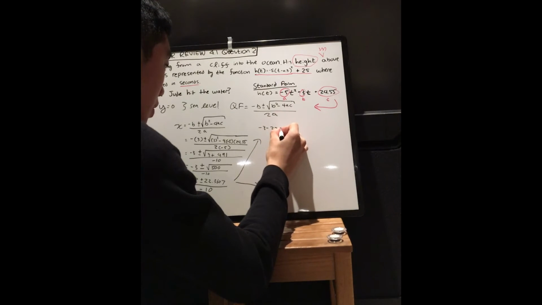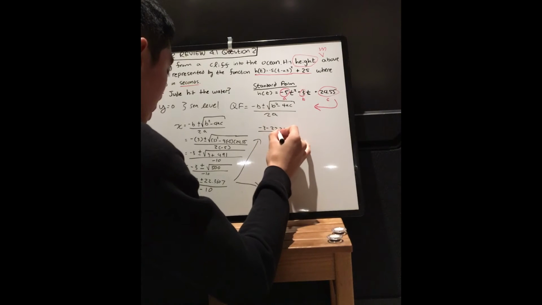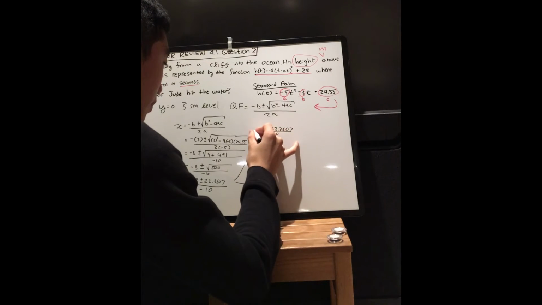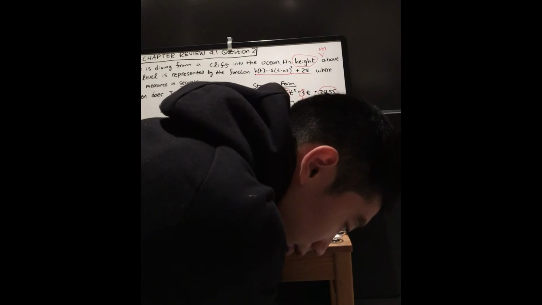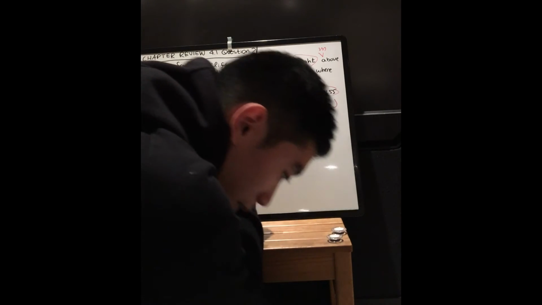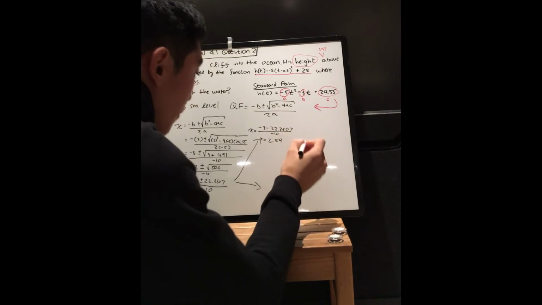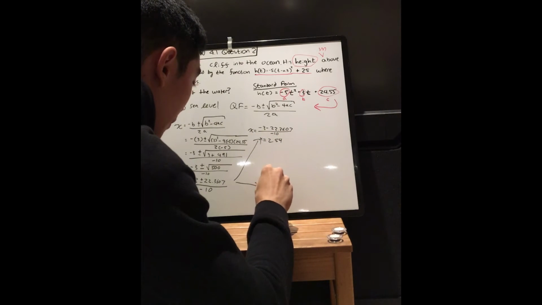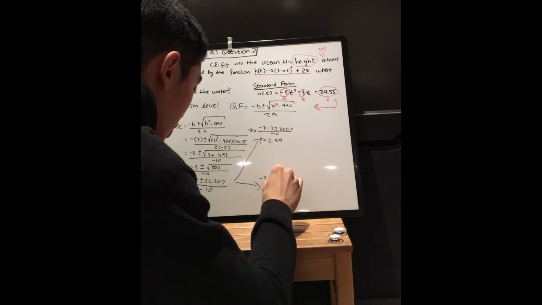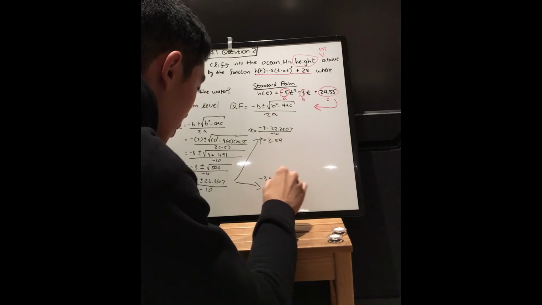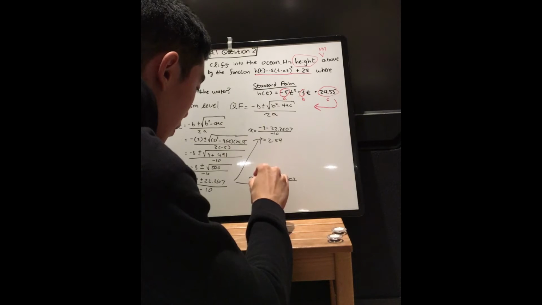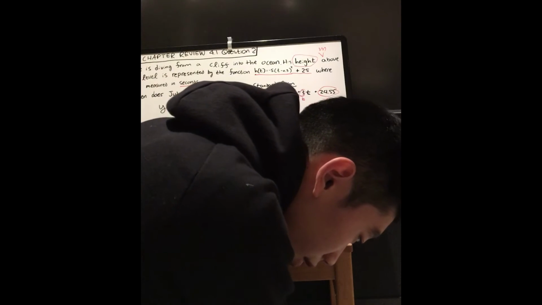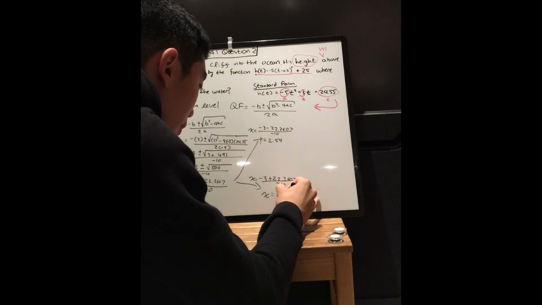Minus 22.3607 divided by minus 10, which will equal, keep the x values there, which will give us a positive value of 2.54. And if you're to do -3 plus 22.3607 divided by minus 10, x would equal a negative value of 1.94.